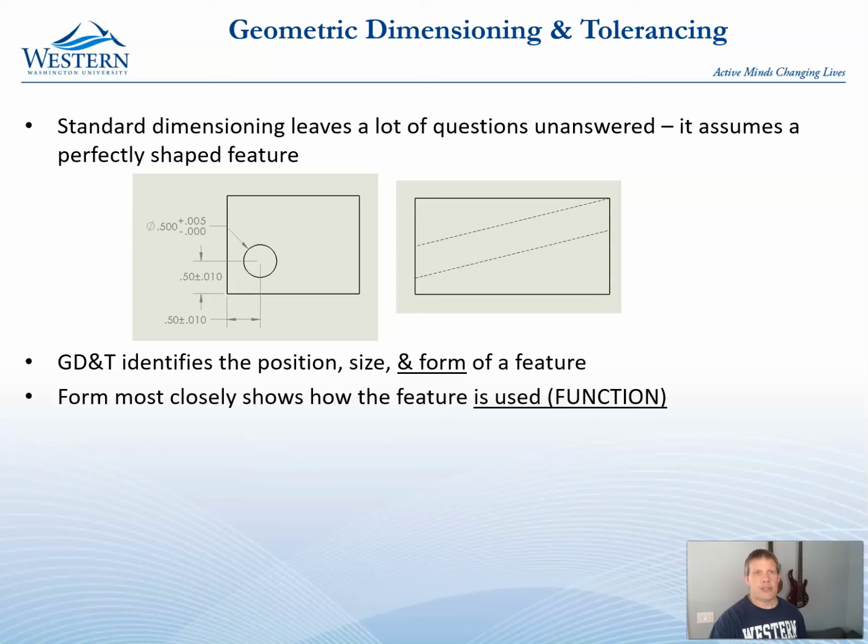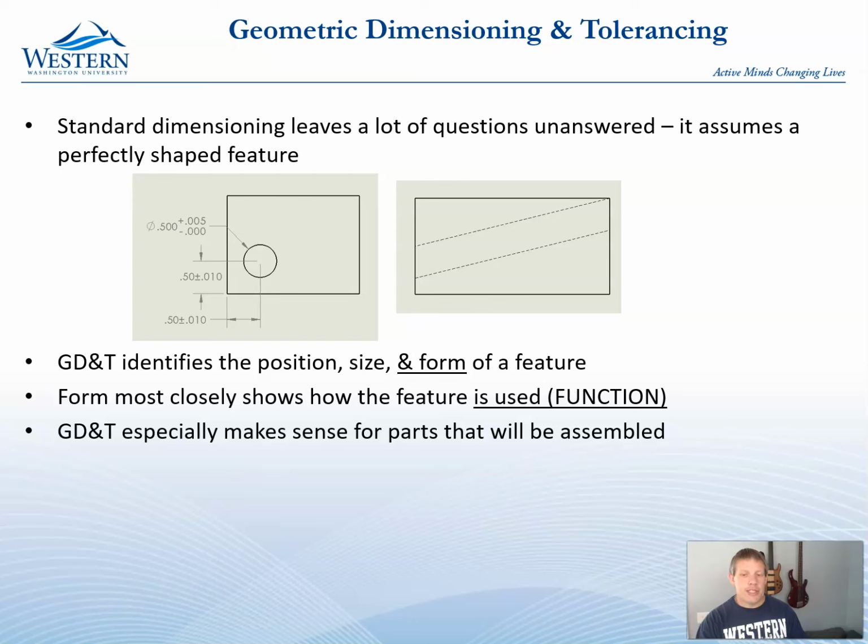So how does this hole actually work with a pin or a bolt or whatever the reason for that hole is. So GD&T especially is important for how the parts will be assembled.